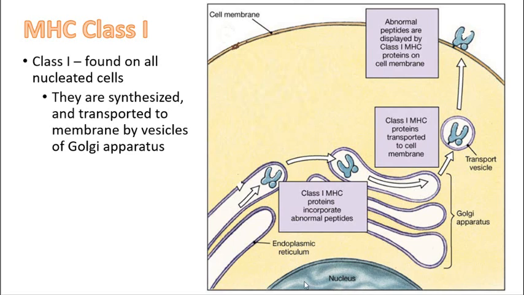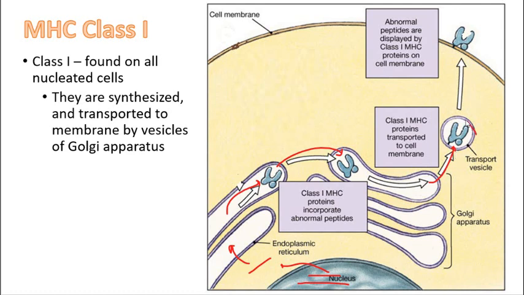If you remember how proteins are produced, you have DNA inside the nucleus. DNA is transcribed into messenger RNA, and then the messenger RNA comes out and goes to the rough endoplasmic reticulum. The rough endoplasmic reticulum translates that messenger RNA into a protein. That protein goes to the Golgi apparatus, and the Golgi apparatus will pack that protein in a vesicle and transport it.